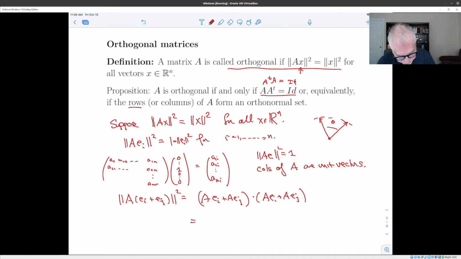So it's got Aei dotted with Aei, that's what we were calling the norm of Aei squared, and then it's got twice Aei dot Aej, and then it's got Aej dotted with Aej.